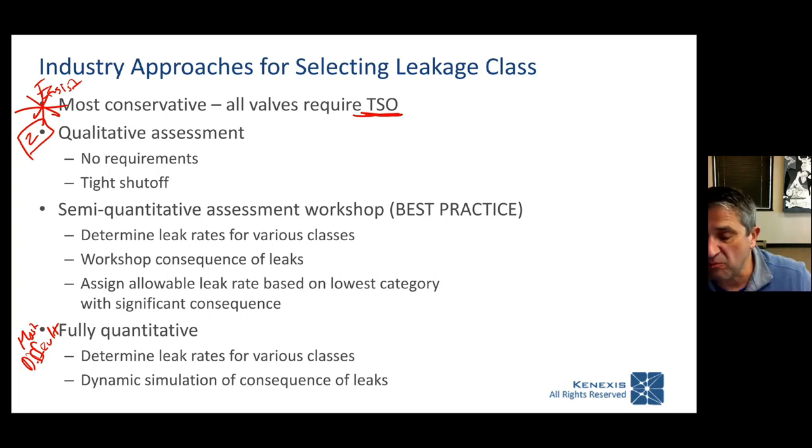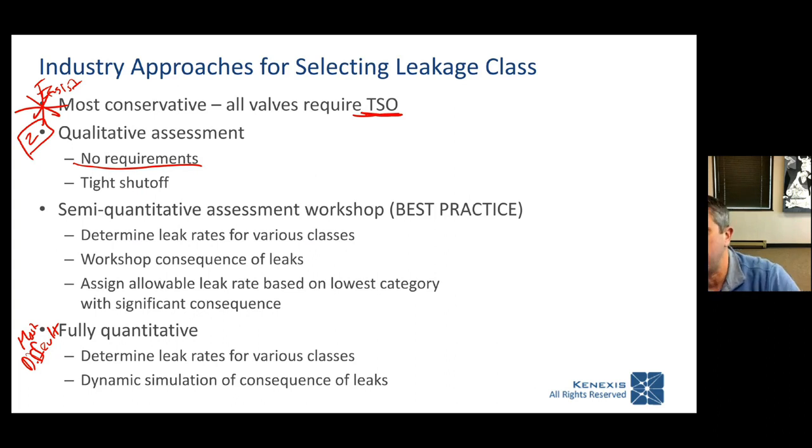So the team, through their gut feel, will say, a little bit of leakage is not going to prevent the safety function from achieving safe state, so I'm not going to put any tight shutoff requirements on it. And then the team might say, I don't know, if we close that valve but it leaks through, we're going to build up pressure, and that's going to allow the consequence that we're trying to prevent to occur anyway.